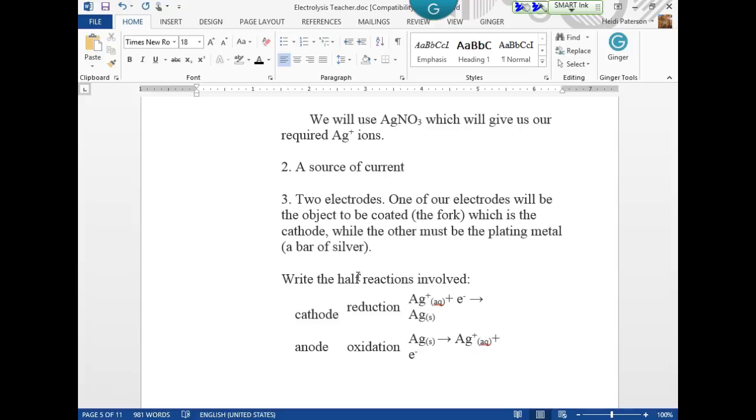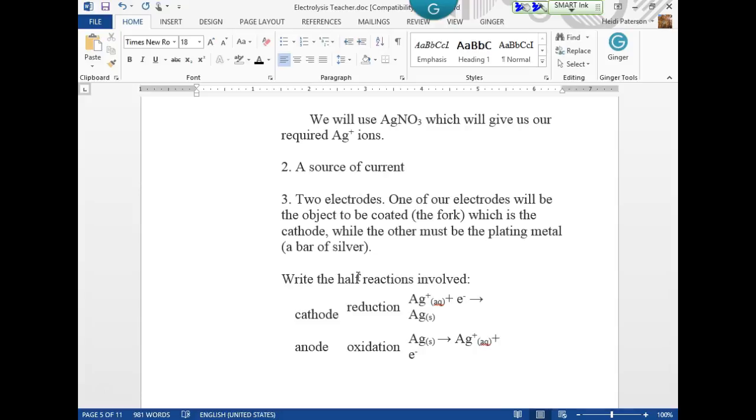When aluminum is exposed to the air, it generally forms a protective coating on the surface. It makes it very hard to electroplate. So I would not suggest trying to electroplate aluminum.